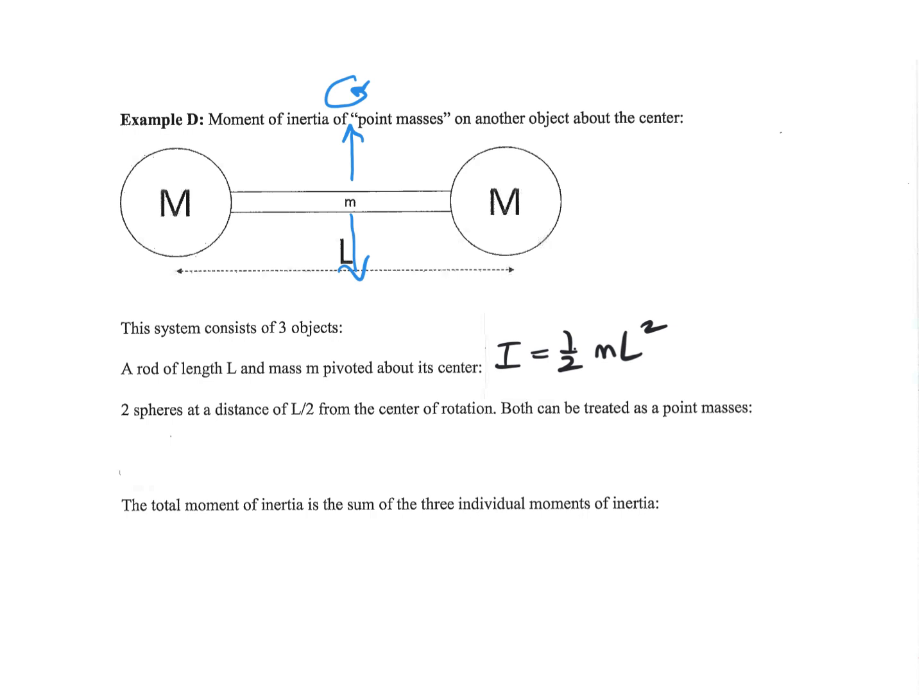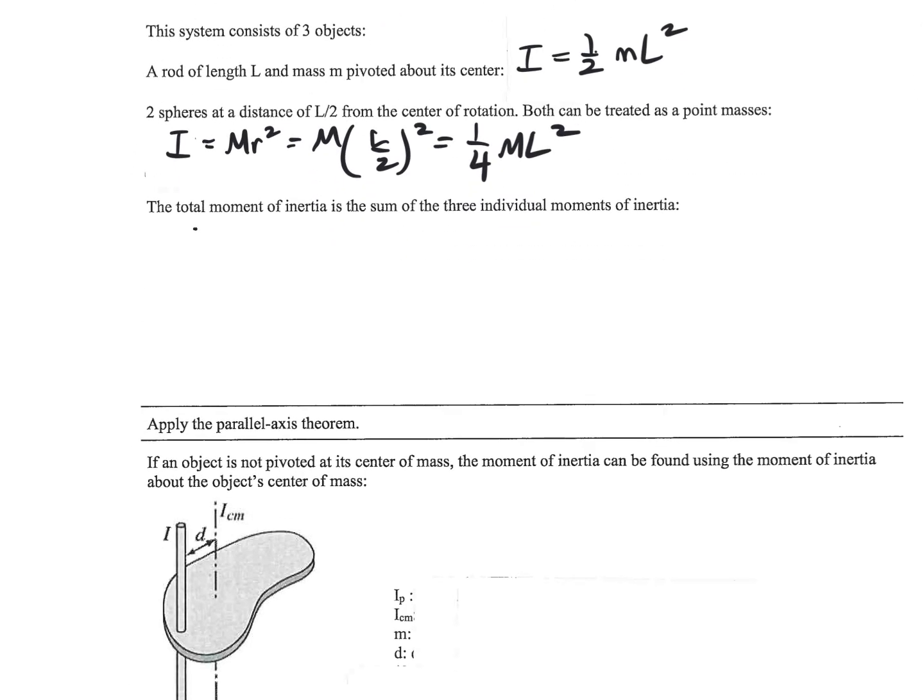Now we have a sphere. That's a point mass, so that is mr squared, isn't it? So that is m, r is L over 2 squared. So this is 1/4 mL squared. They can both be treated as point masses. And there are how many of them? 2. So the total inertia, I total, is equal to the inertia of the bar plus twice the inertia of a sphere.